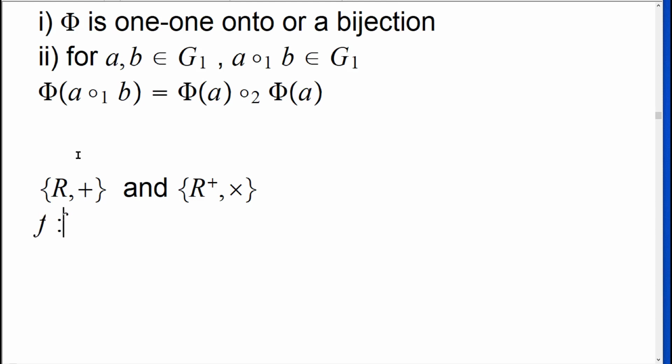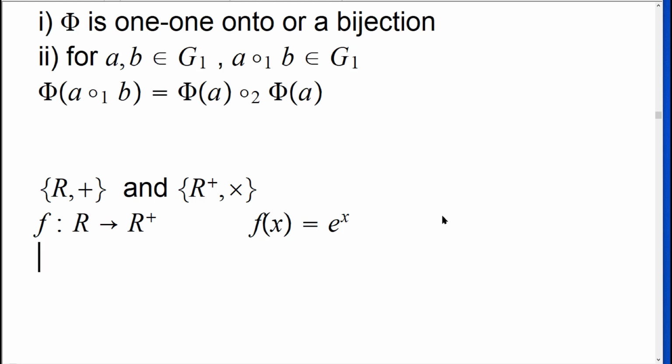You may remember this famous map from R to the positive reals, which is given by f of x, we take it to be the natural exponential function. We can take any exponential function, but let's stick to the natural exponential function.